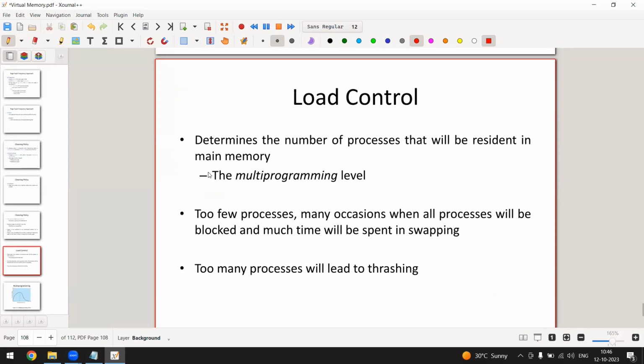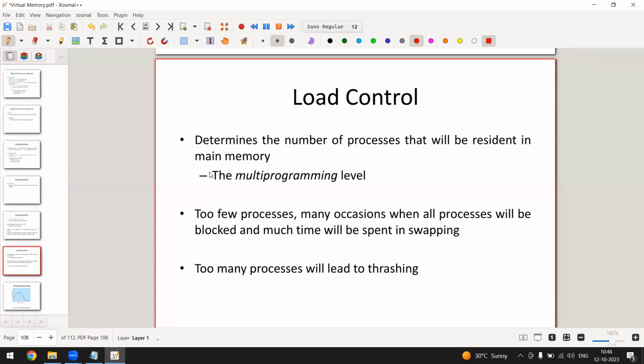And load control, what is load control? Load control basically determines the number of processes that will be resident in memory. It is the level of multi-programming. If you recall, we discussed it while looking at process scheduling. Whatever number of processes are in memory is called the multi-programming level.